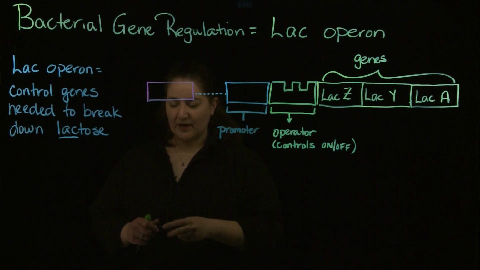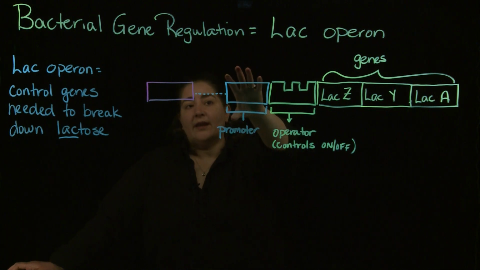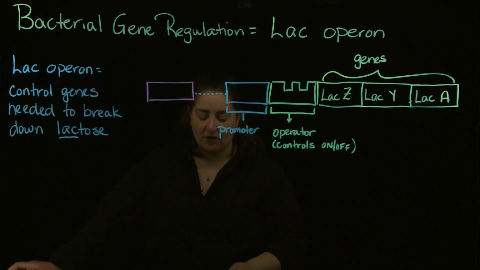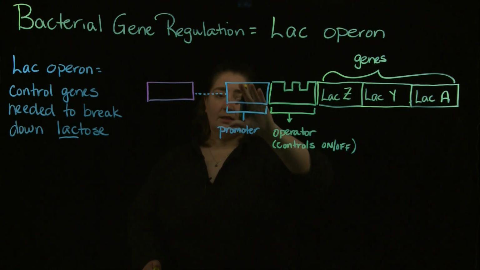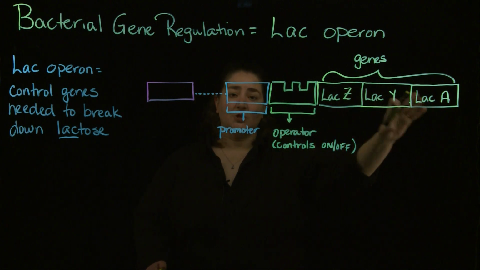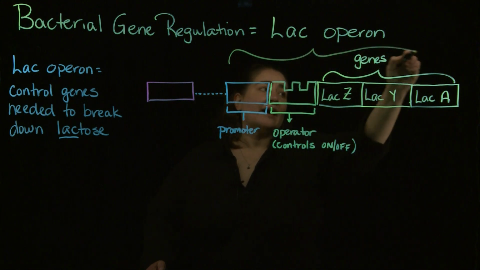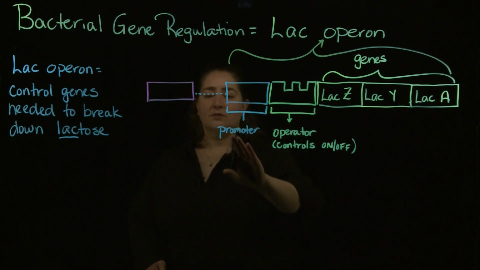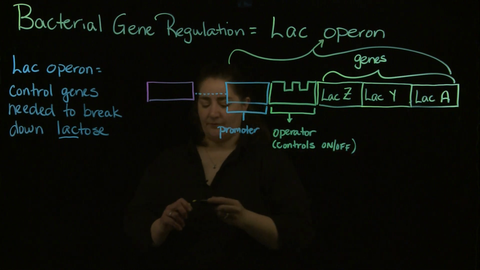Remember I said when I was talking about transcription, RNA polymerase needs to know where the genes are. The promoter is the way of the RNA polymerase being able to tell where the genes are, for the RNA polymerase to come in and make our transcript. Once we've made our transcript, we can make our protein. So what makes up the operon itself are those components: the promoter, the operator, and the genes.